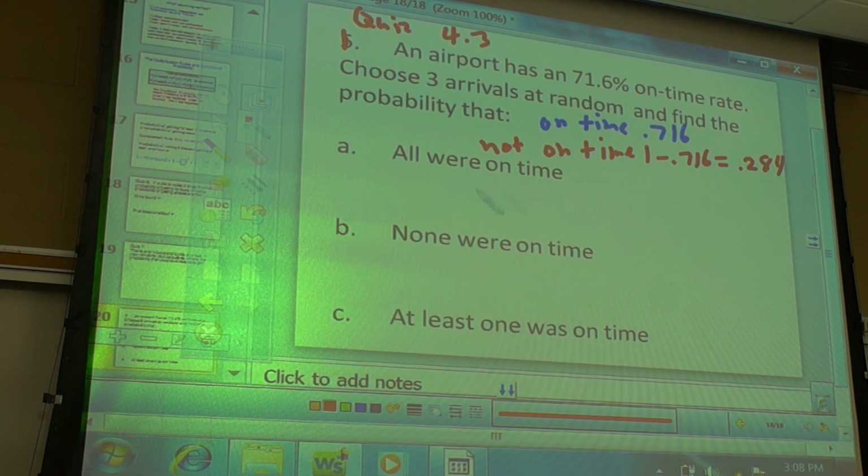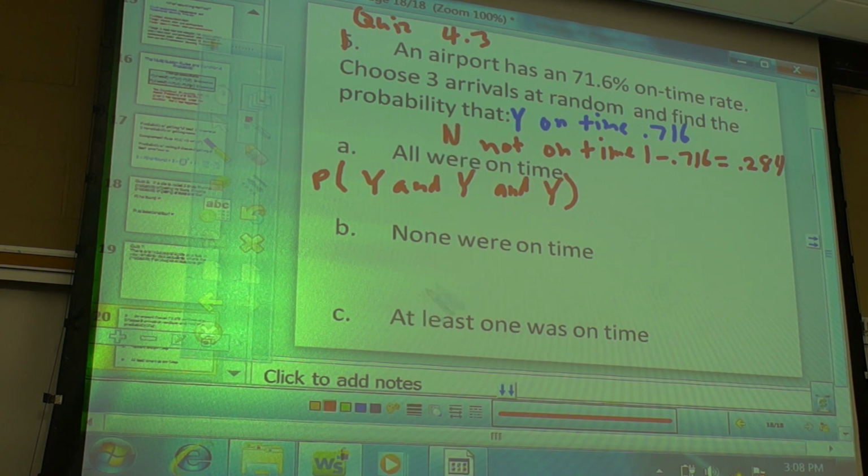Okay. So if they're all on time, that means the first was on time, yes, and the second was on time, yes, and the third one was on time. We'll call these yeses and these ones no's. Is everyone okay with that?